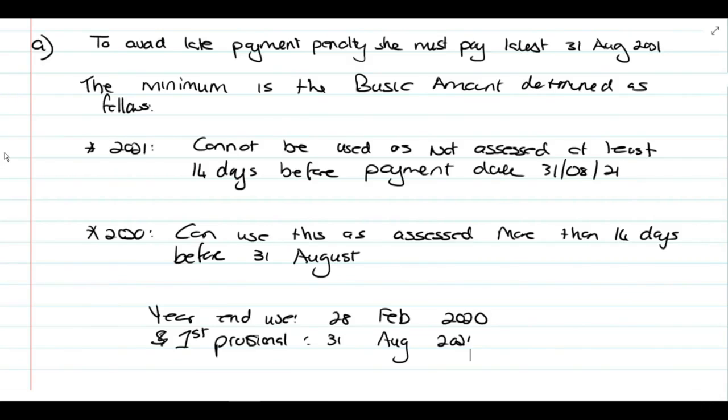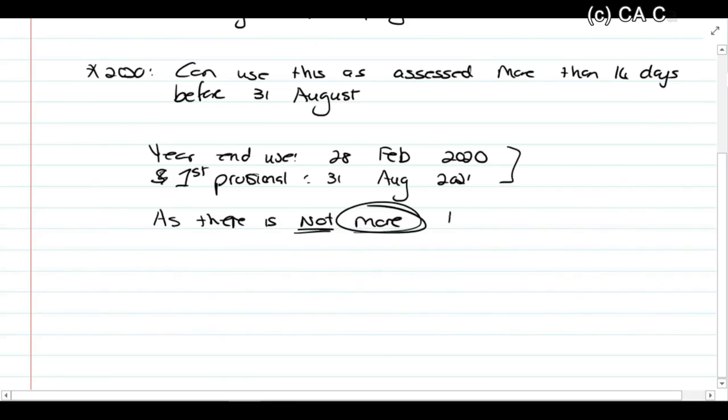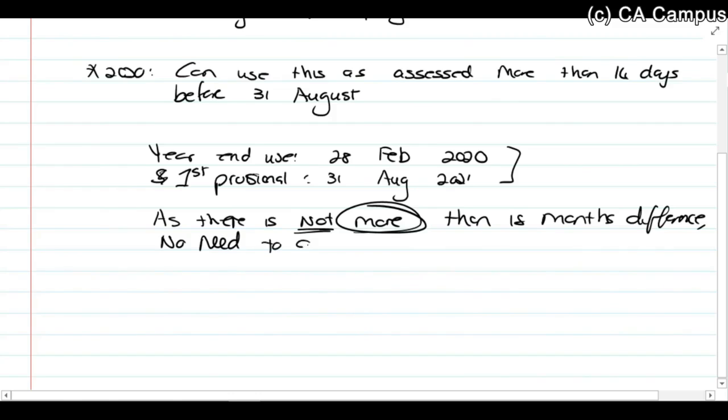Now, you have to look at the difference between those two dates. And if that is more than 18 months, then we have to adjust it by 8%. So in this case, it must be more, and it's exactly 18 months. Then 18 months difference. No need to adjust by 8%.